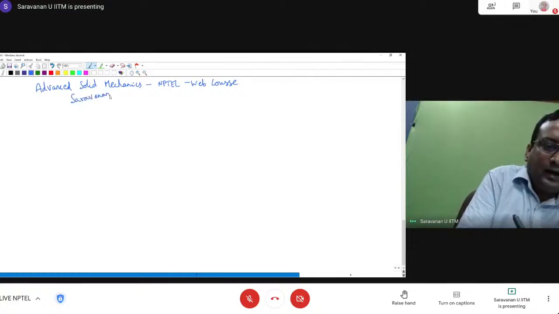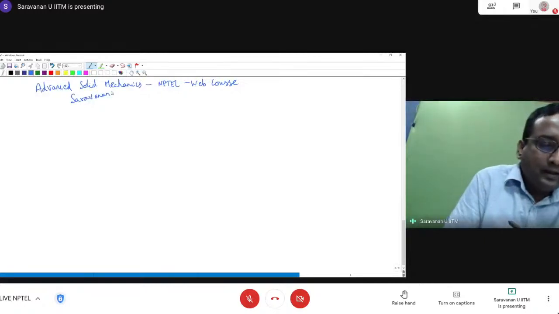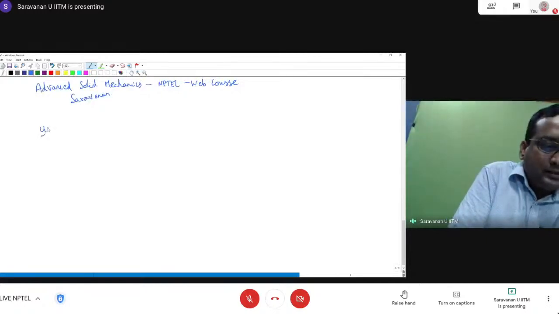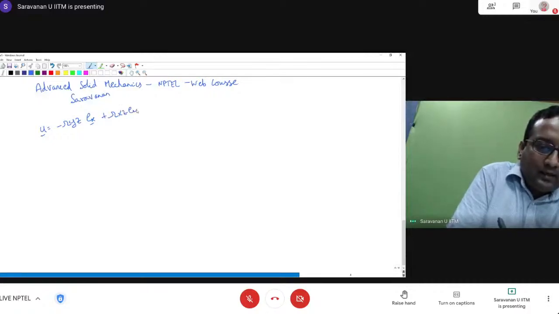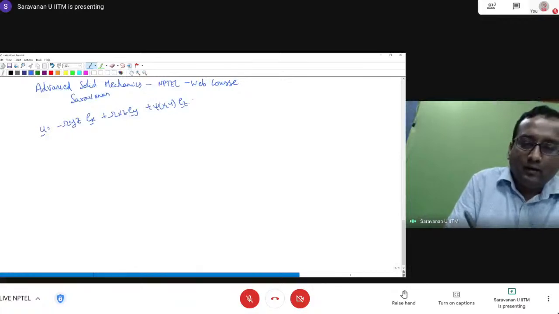There I derive the expression for torsion including the warping. Briefly, the displacement field will be given by a different expression, with omega x z e_y plus a warping function of x, y, along e_z, and then you have to find this warping function.